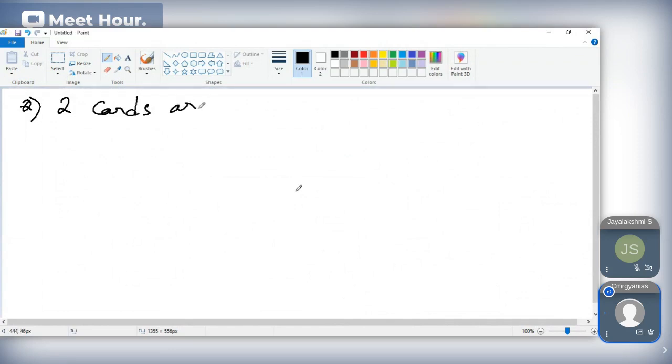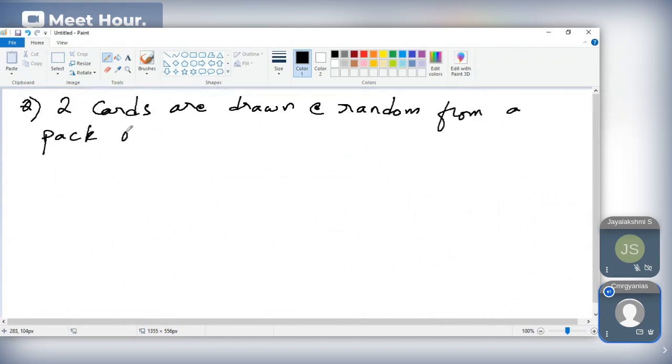Two cards are drawn at random from a pack of 52 cards.